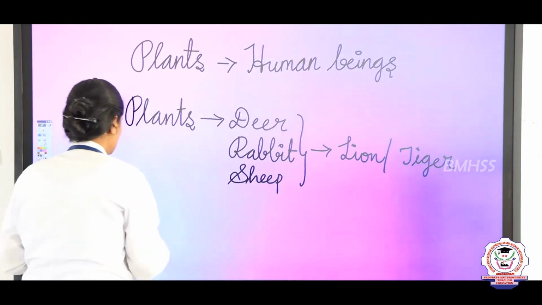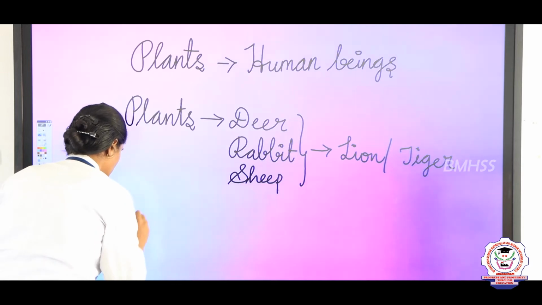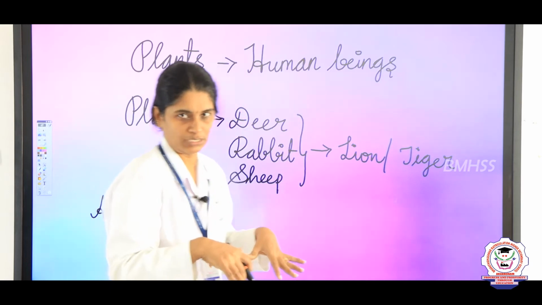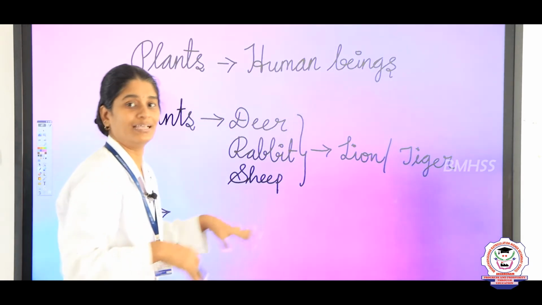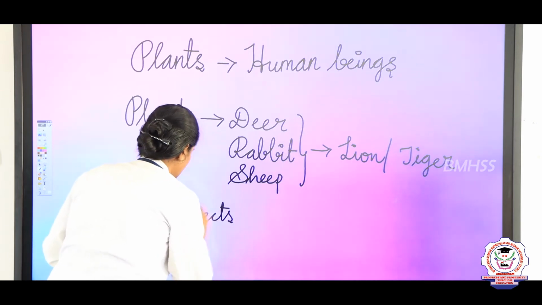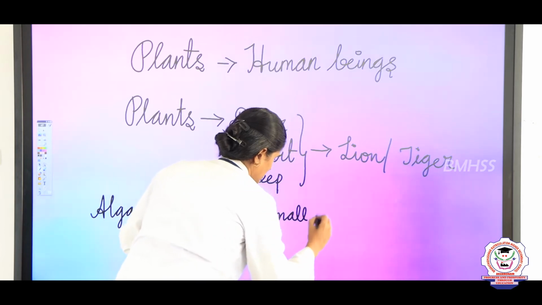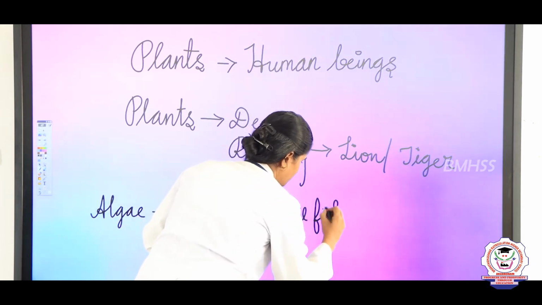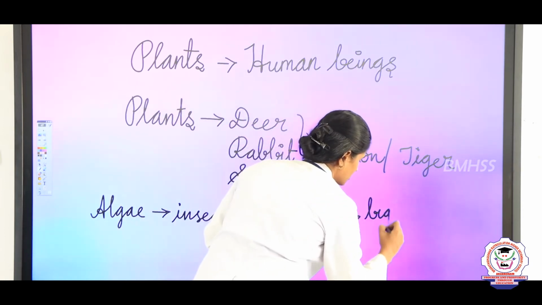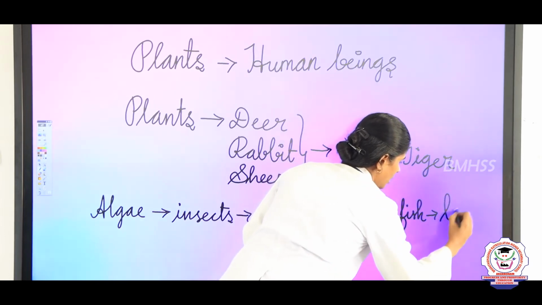The same way we can see some more examples, like algae. The algae is present inside the lake or inside the water bodies, right? This algae is eaten by the insects, and these insects are eaten by the small fish, and the small fish is eaten by a big fish, and the big fish can be eaten by a large fish.